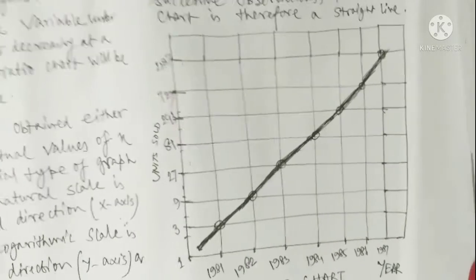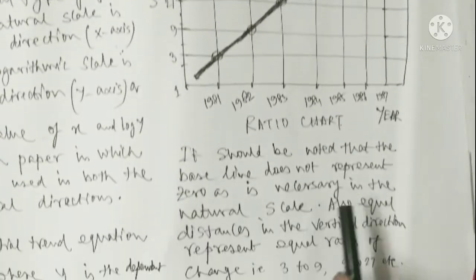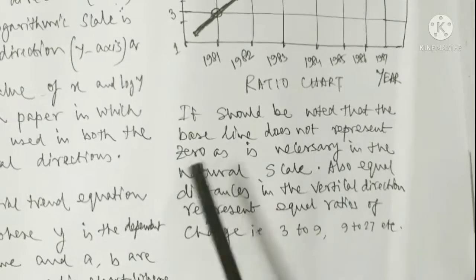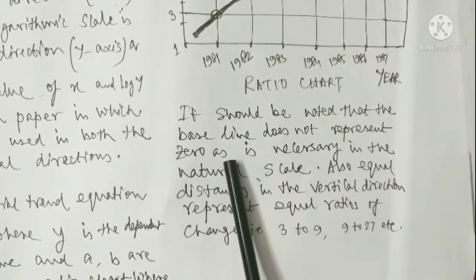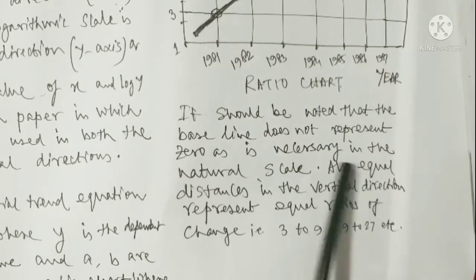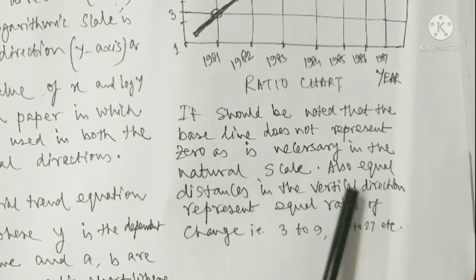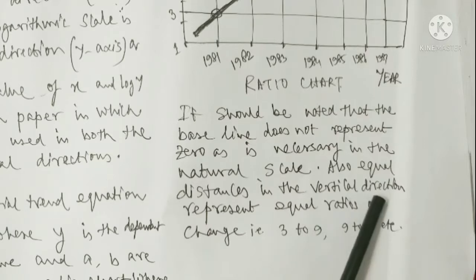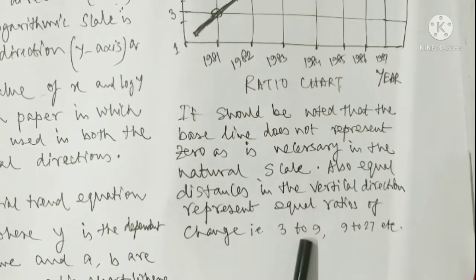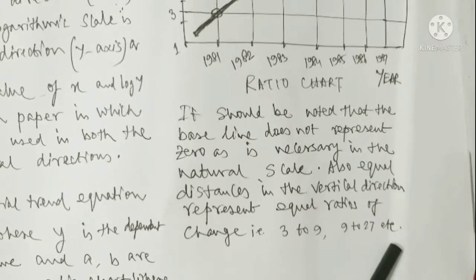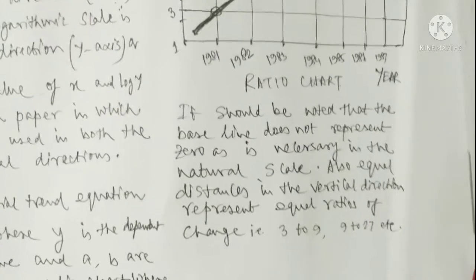It should be noted that the baseline does not represent 0 as is necessary in the natural scale. Also, equal distances in the vertical direction represent equal ratios of change, that is 3 to 9, 9 to 27 and so on. Here the logarithmic chart or ratio chart is complete.